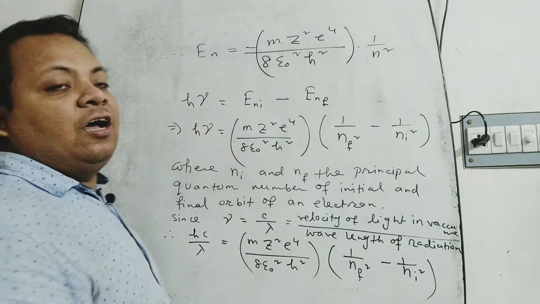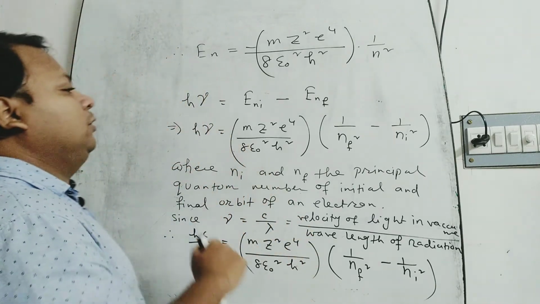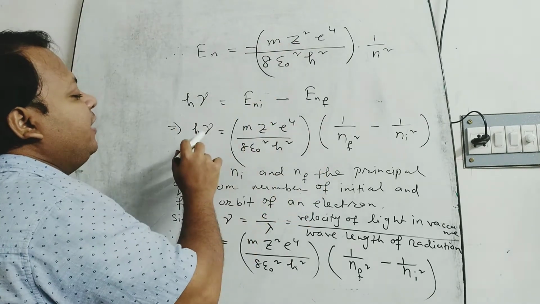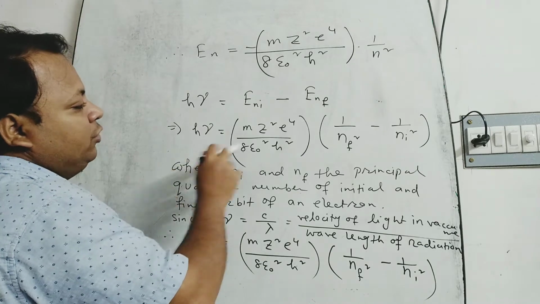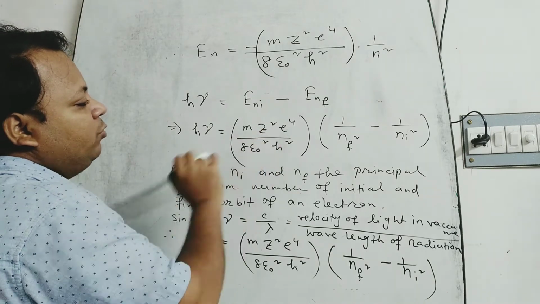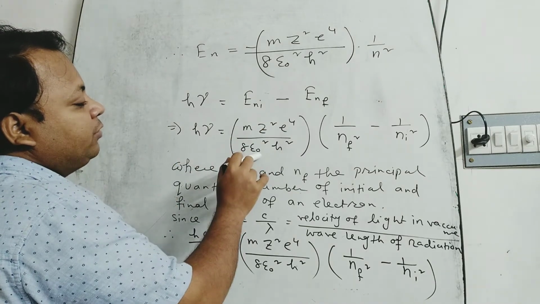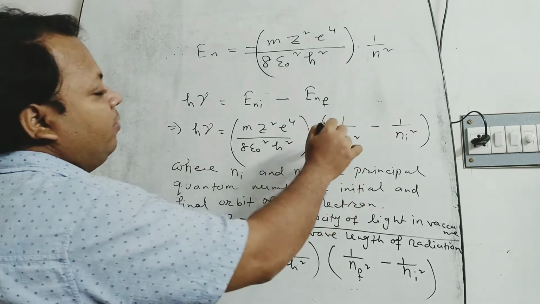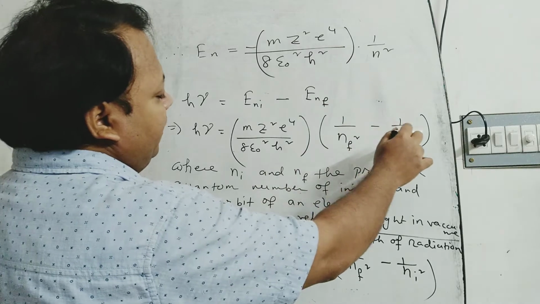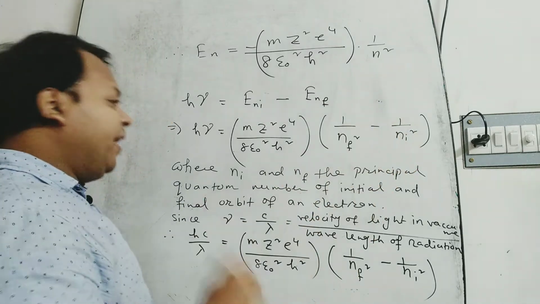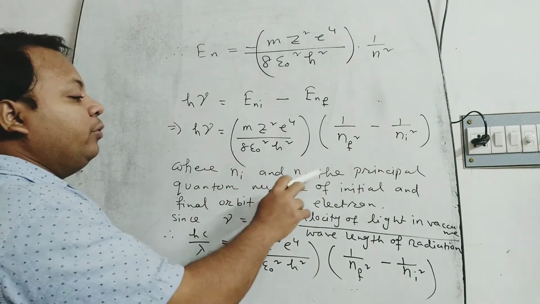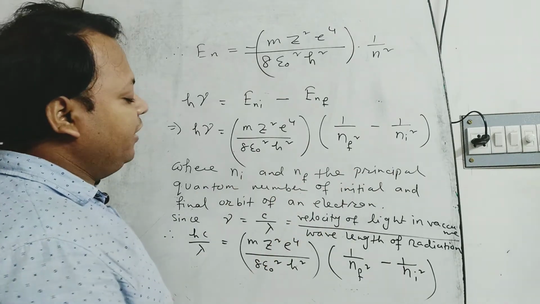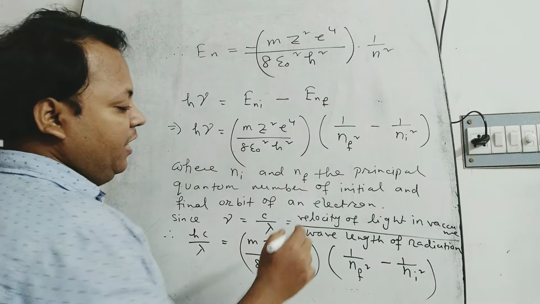Here h is the Planck constant. Now putting this value, we can write h nu equal to m Z square e to the power 4 by 8 epsilon 0 square h square into 1 by nf square minus 1 by ni square, where ni and nf are the principal quantum numbers of the initial and final orbit of that electron.